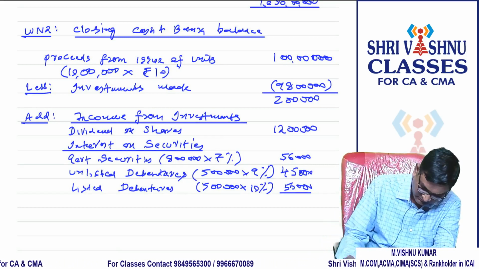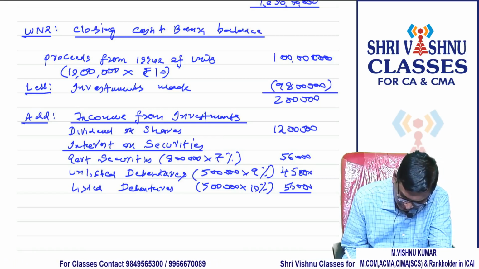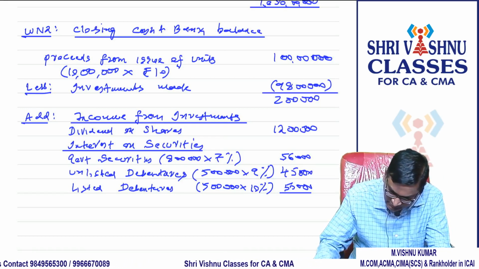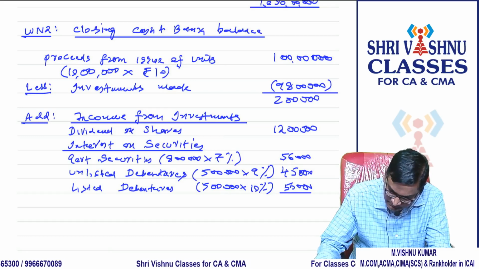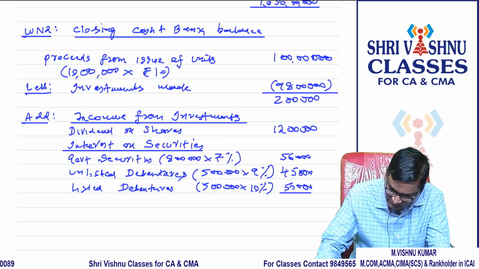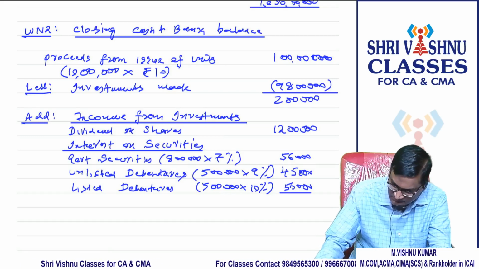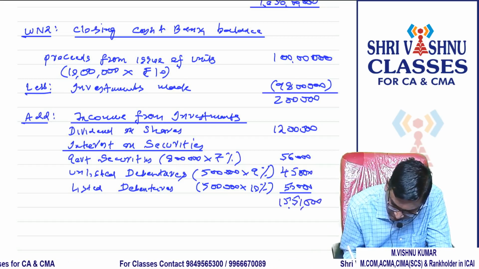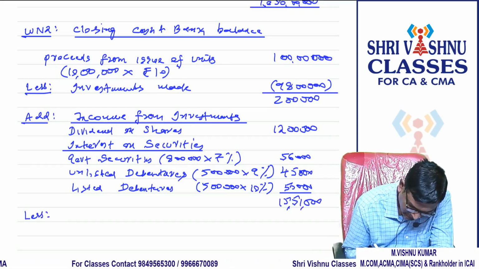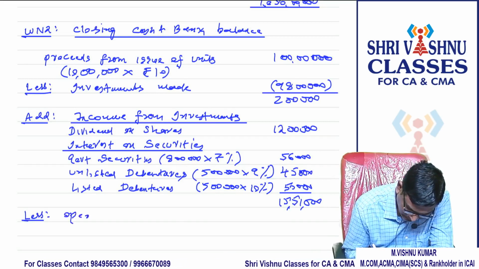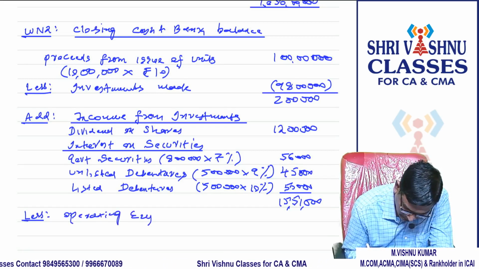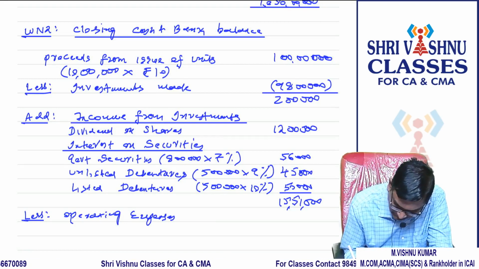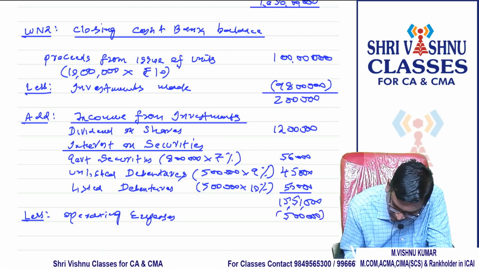Okay. From this, operating expenses are paid. What is paid? Operating expenses, 5 lakhs.